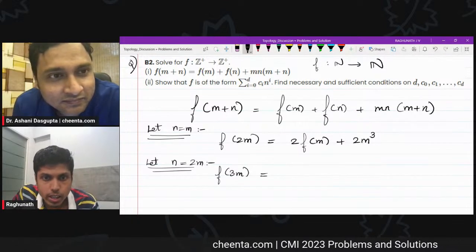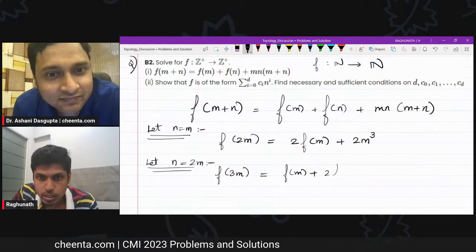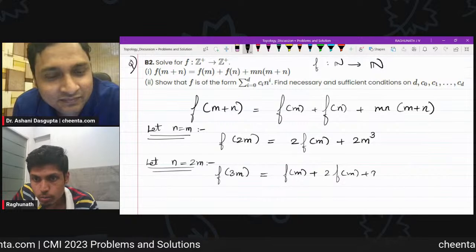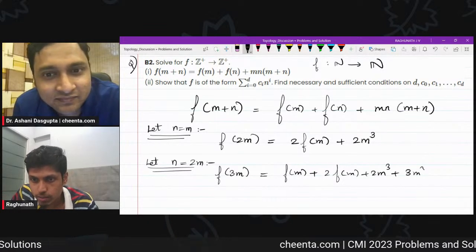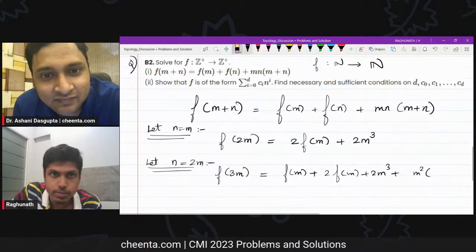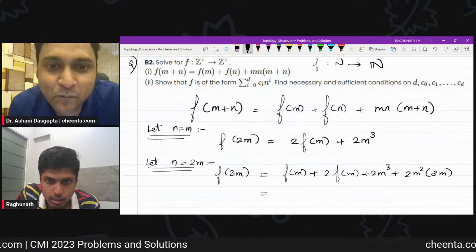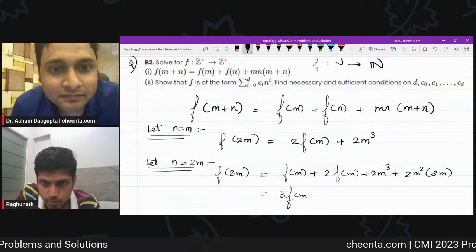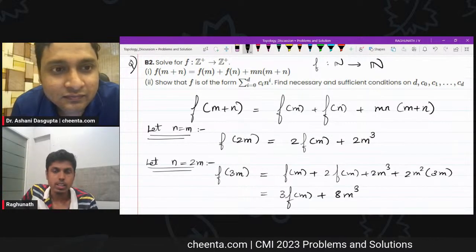If you put that, you will get f of m plus f of 2m, which is 2 f of m plus 2m cube, plus m into 2m square into 3m, which gives us 3 f of m plus 6 plus 2 is 8m cube. This is f of 3m.